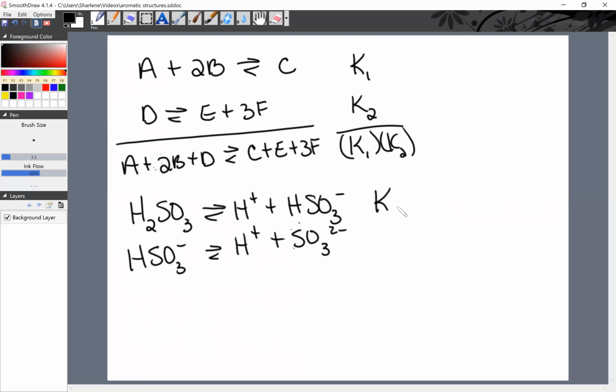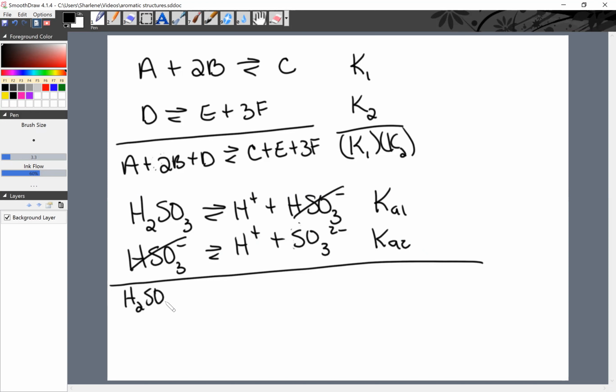This one would be called Ka1 because it's the first proton coming off. This one would be called Ka2 because it's the second one coming off. And if you add them together, this one and this one cancel out, and H2SO3 has 2 protons plus a sulfite.